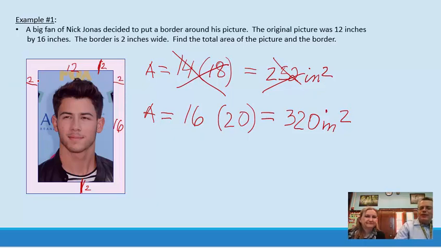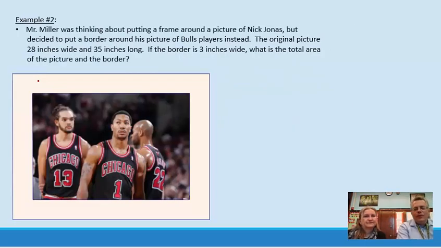Okay, let's take a look at it again. The original picture is 28 inches by 35. Then we put a 3-inch border around it. So again, I'm going to go 3 inches to the right and 3 inches to the left, adding a total of 6 inches.